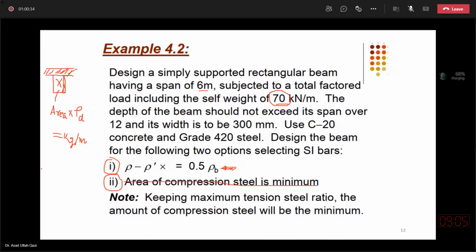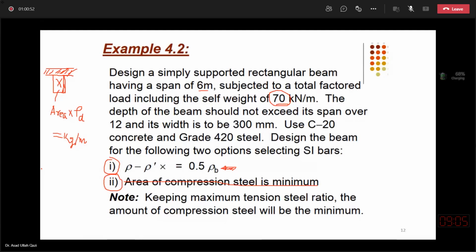It may vary from 3 to 5 kilonewton per meter depending upon the depth of the beam, but it carries some weight. They are not very lightweight stems. If the concrete is normal density concrete, it will definitely carry some appreciable self weight which must be included.